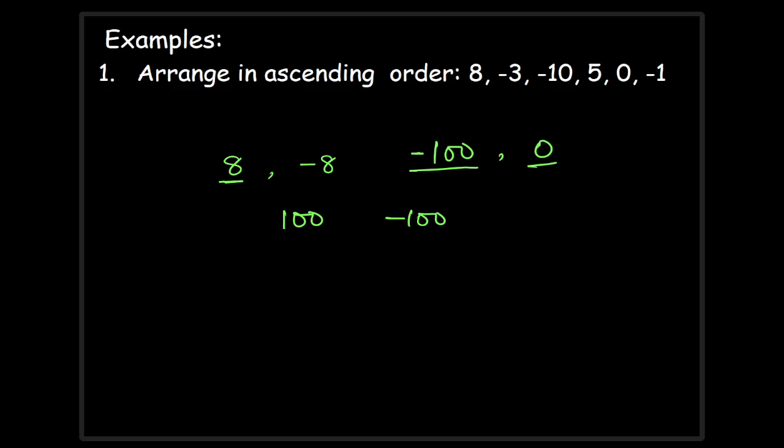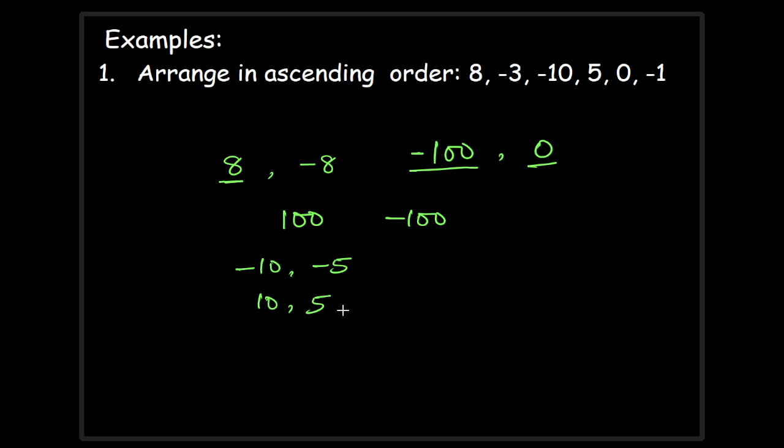So what does that tell us? That tells us that negative numbers are not ordered the same way positive numbers are ordered. In the area of negative numbers, it is the reverse, the opposite of ordering positive numbers. Why do I say so? If you have minus 10 and minus 5, and then 10 and 5.